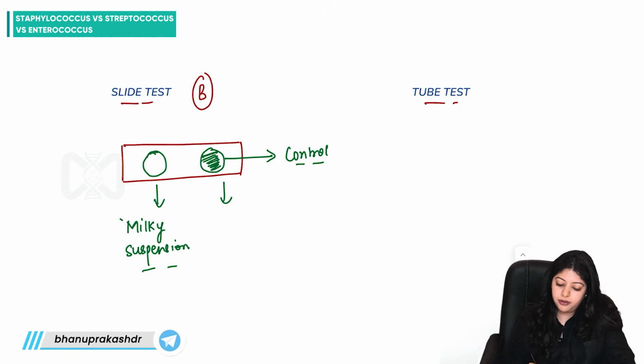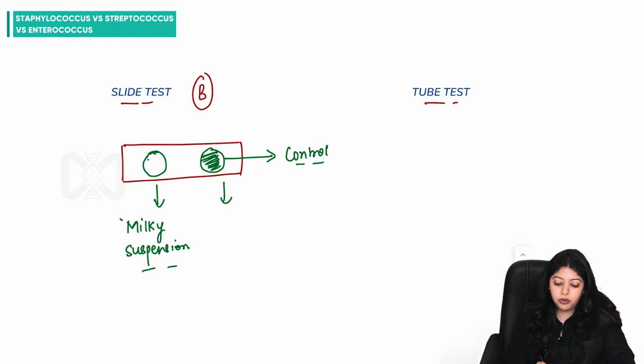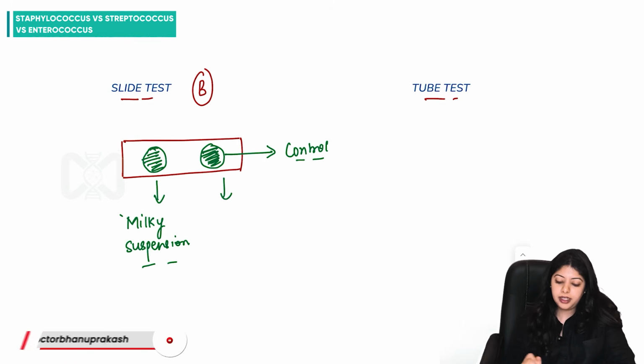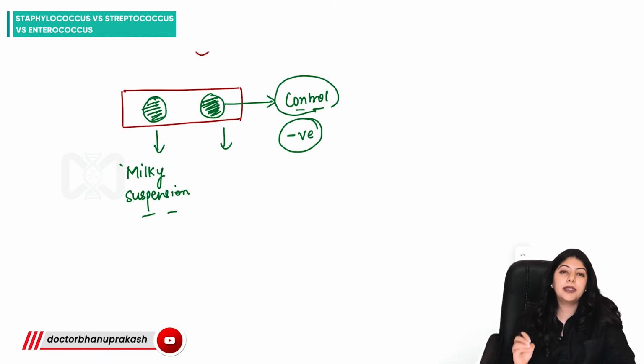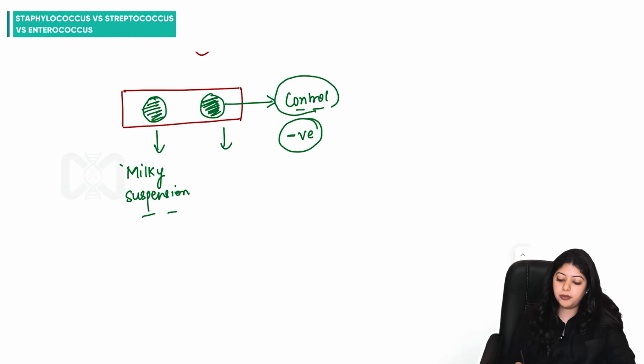Suppose we have mixed multiple colonies into the circles. Now this control is a negative control, wherein an organism which does not have coagulase activity is going to be placed into this circle.